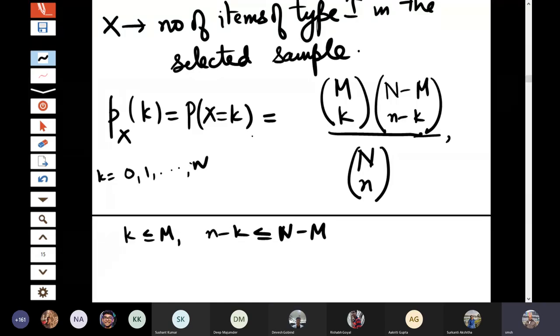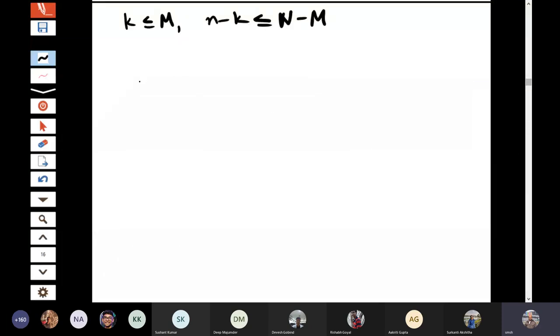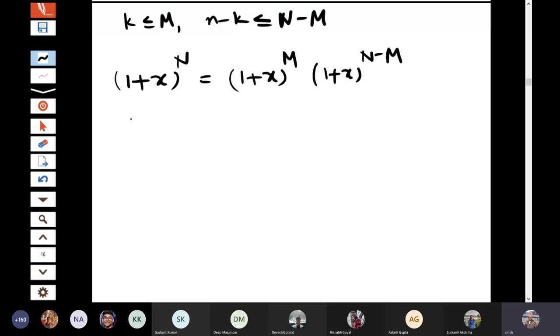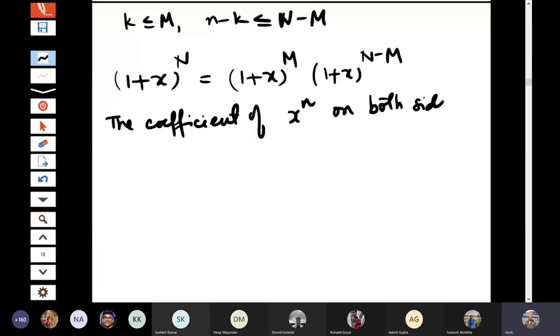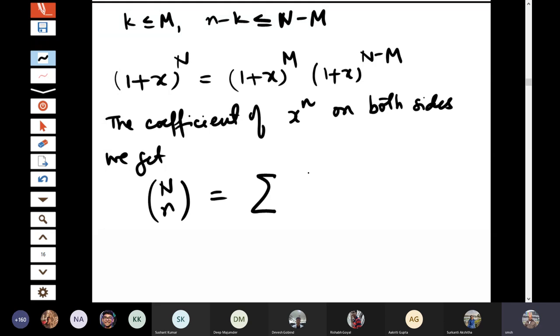To show that this sum must be 1, you can use this simple identity: (1 plus x) to the power N is equal to (1 plus x) to the power M into (1 plus x) to the power N minus M. If we look at the coefficient of x to the power n on both sides, we get NCn is equal to the sum over k from 0 to n of MCk times N minus M C n minus k.